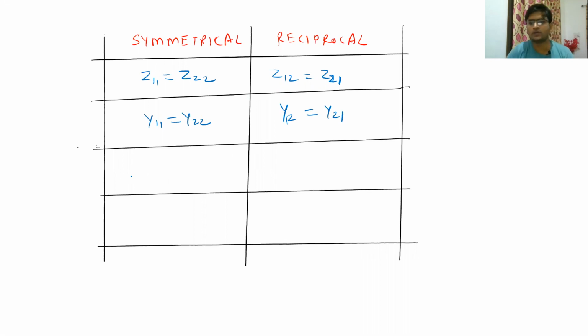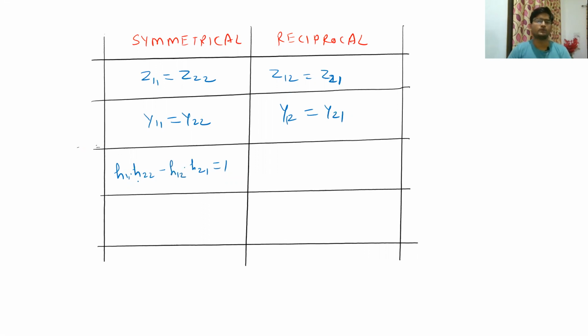Now coming to the hybrid parameters, things get a little complex. In this case, for the H parameter based two-port network to be symmetrical, H11 into H22 minus H12 into H21 should be equal to 1. Let me write it again.